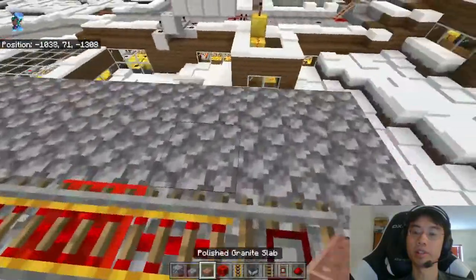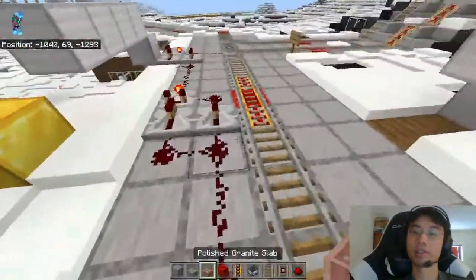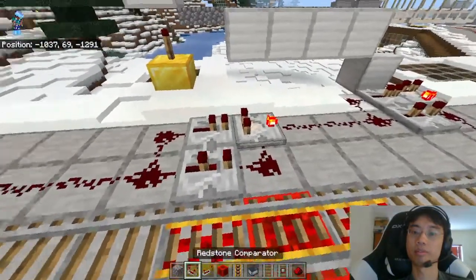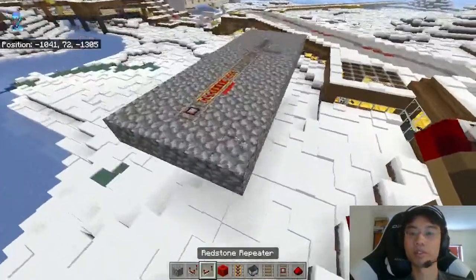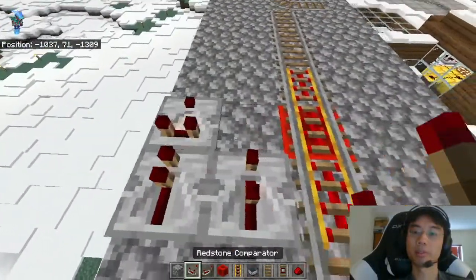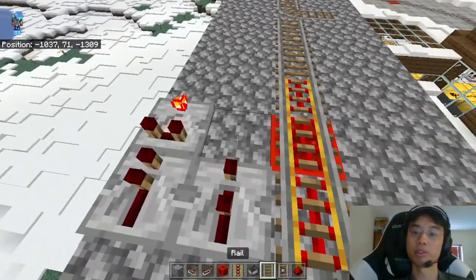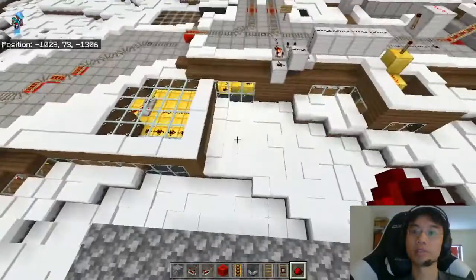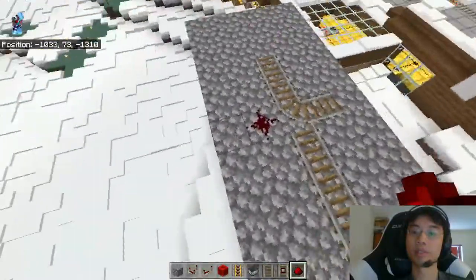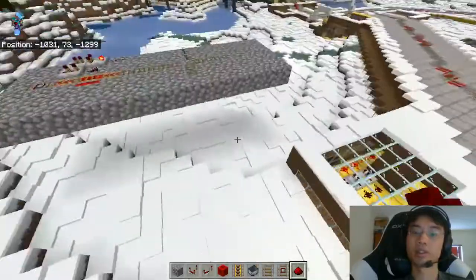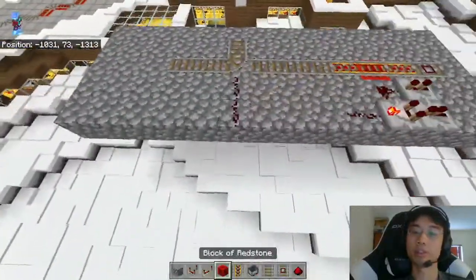And then that comparative subtract mode. That. And then comparative subtract mode.